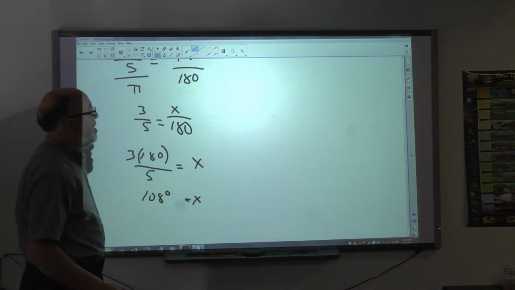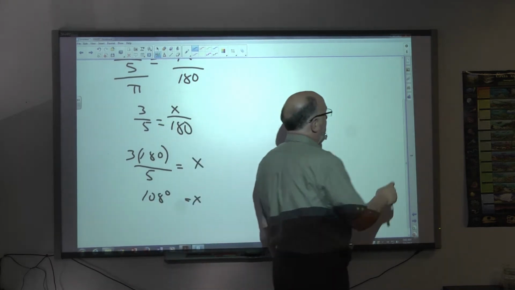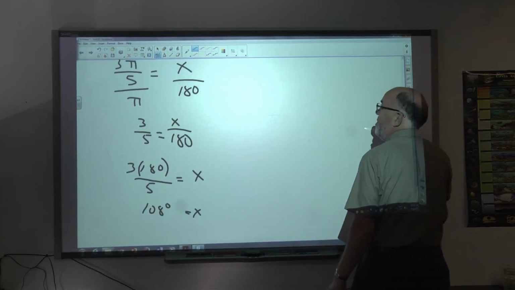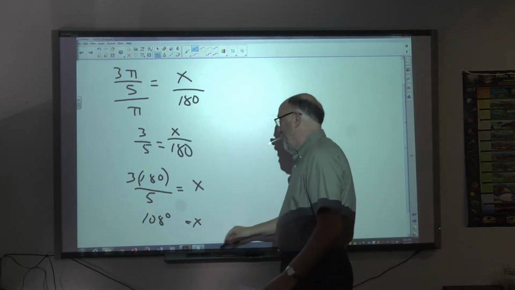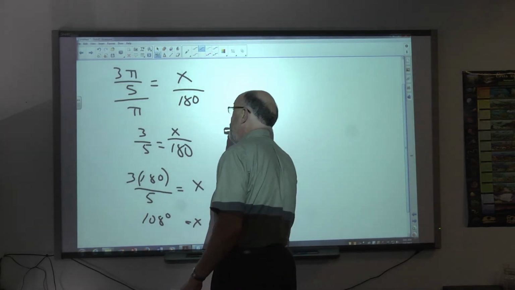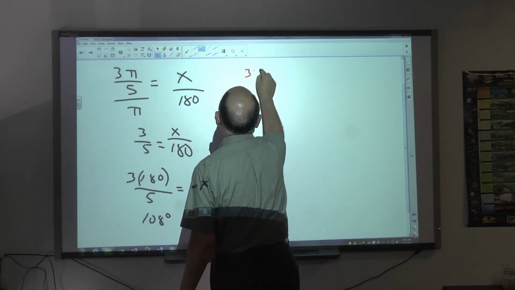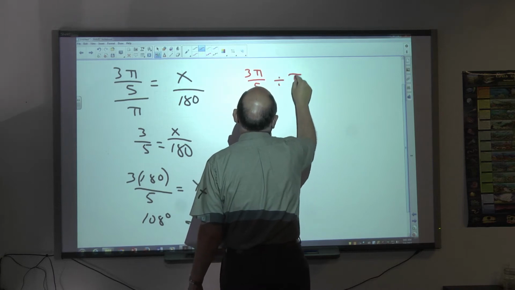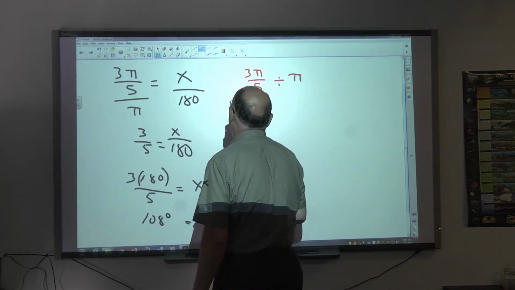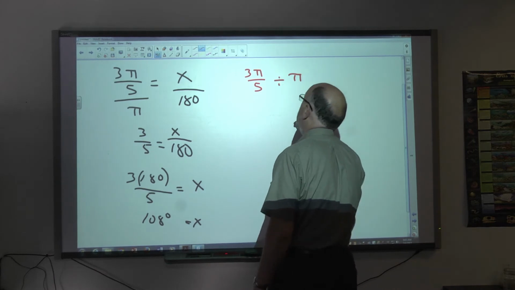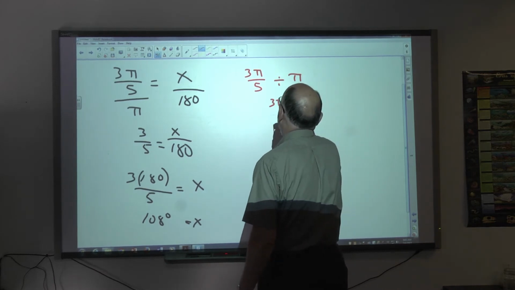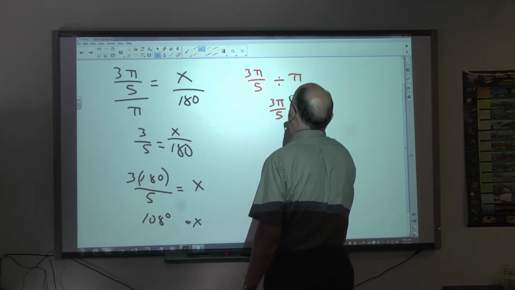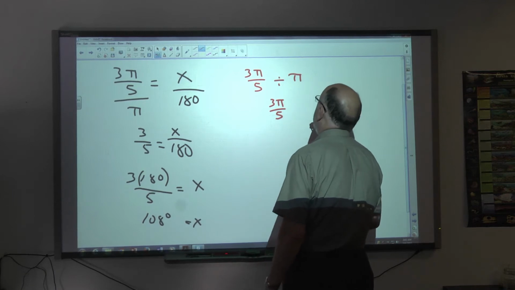degrees. Now, like I said, that 3 pi over 5 over pi simplifies to just 3/5. And just how that works, after all, this means 3 pi over 5 divided by pi. And again, the way you divide fractions, you leave the first one the way it was, change the sign to multiplication, and flip the second one over.